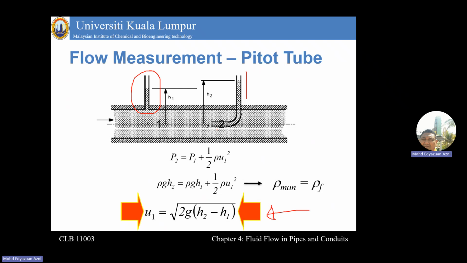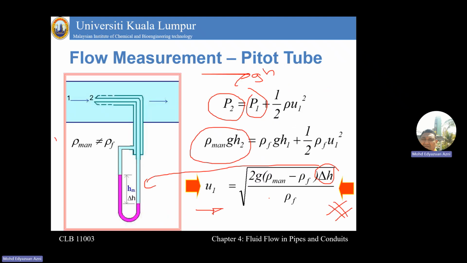Because it doesn't have a U-tube manometer, we don't have the difference in the manometric fluid elevation. But we have the elevation of the piezometer and also the pitot right here. So delta h is calculated by h2 minus h1, and then it is the square root of 2g times delta h. This is the standard formula for this kind of pitot tube construction.